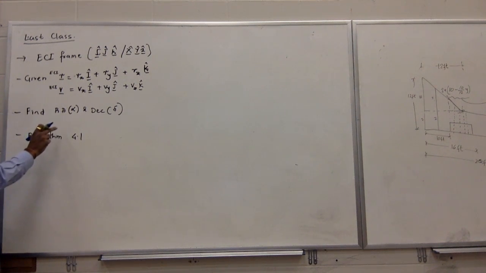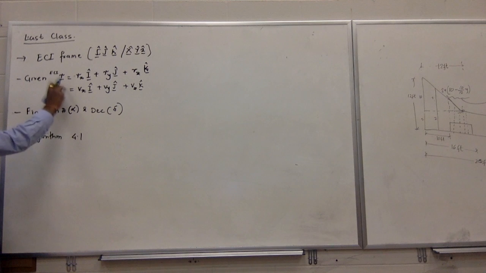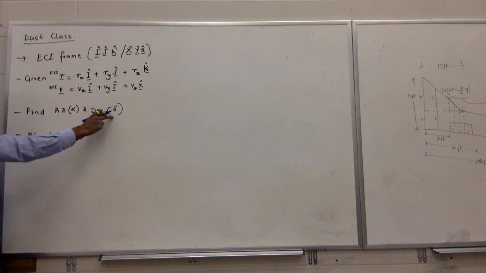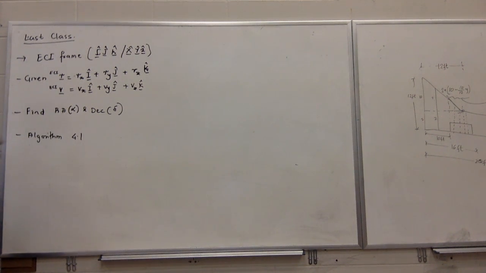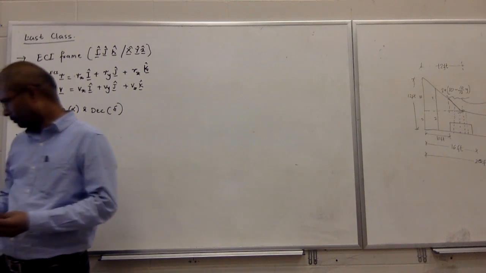I want you to learn how to do this. It'll be either given R and V, find alpha and delta, or given alpha and delta, find R and V. You should be able to switch. Learn that. This is very simple substitution. Given R and V, finding alpha and delta is what this gives you.